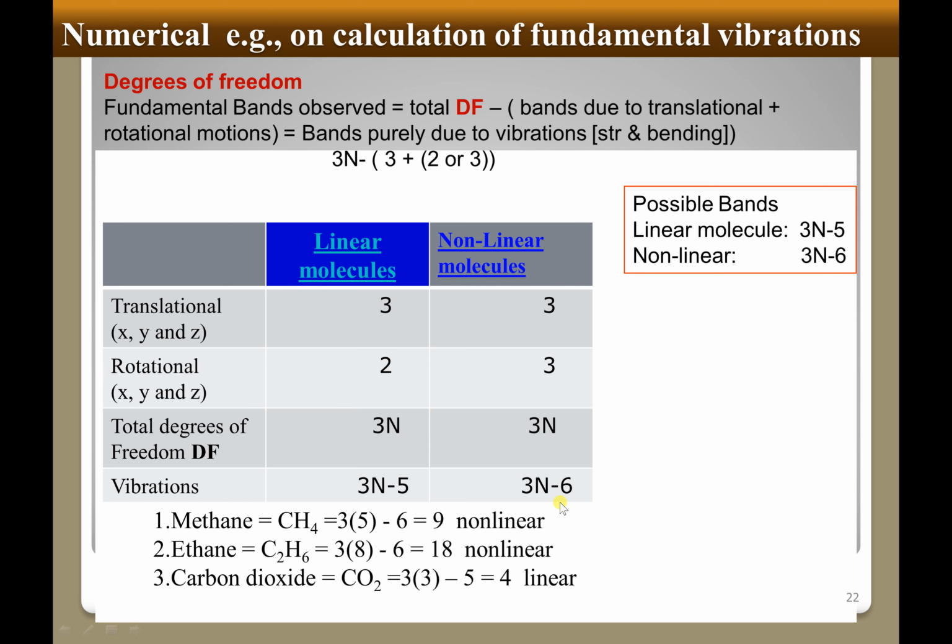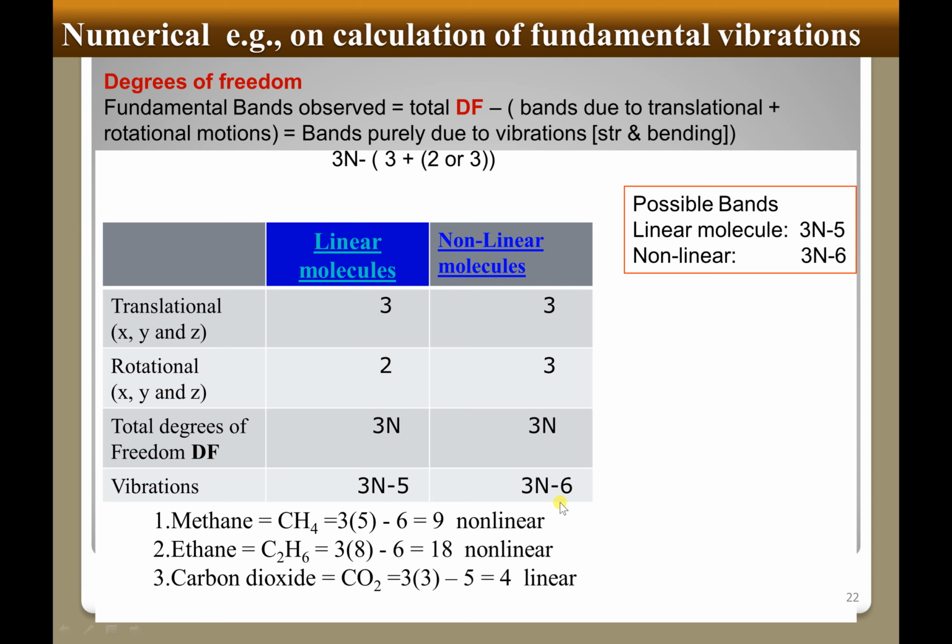There are 9 fundamental vibrations. In ethane you have 8 atoms, so 3 × 8 is 24, minus 6, so 18 fundamental vibrations. In carbon dioxide, which is a linear molecule, you have 3 atoms, so 3 × 3 is 9, minus 5, that is 4 fundamental vibrations.